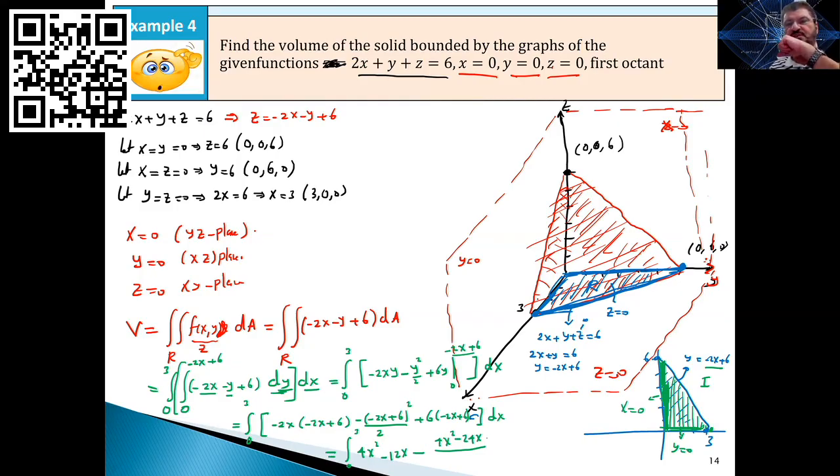Then the square of the last, which is 36, divided by 2. Now here, minus 2x times 6 is minus 12x. And 6 times 6 is 36. So plus 36. This is what we have. And we say at the end what? dx.